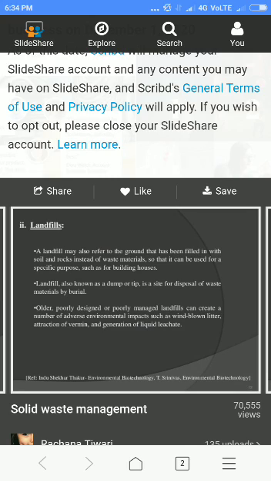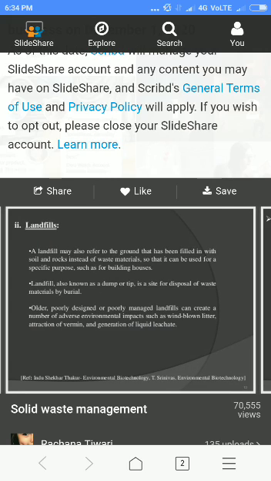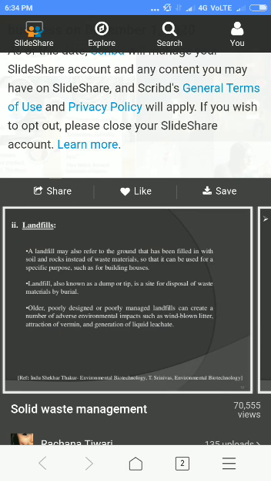That is a site for disposal of waste material by the burial method. Older, poorly designed or poorly managed landfills can create a number of adverse environmental impacts, such as wind-blown litter, attraction of vermin, and generation of liquid leachate.